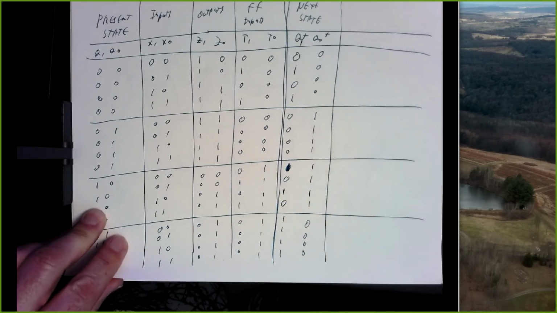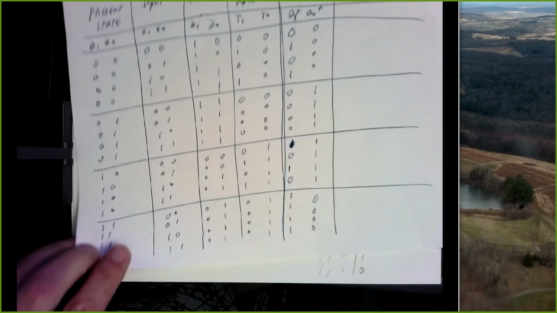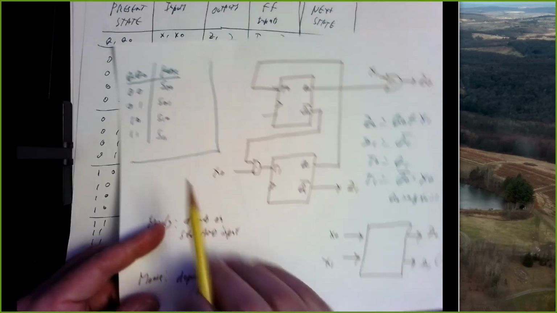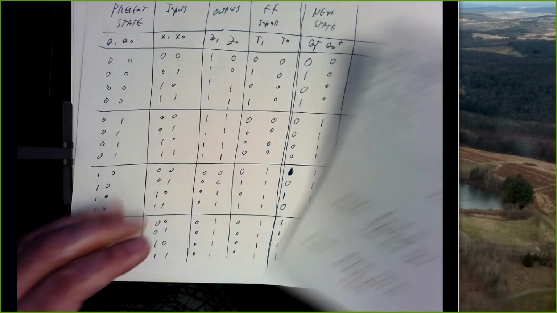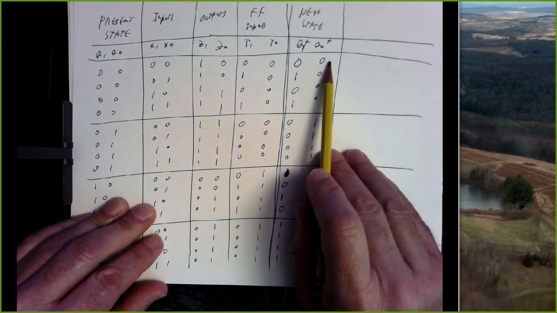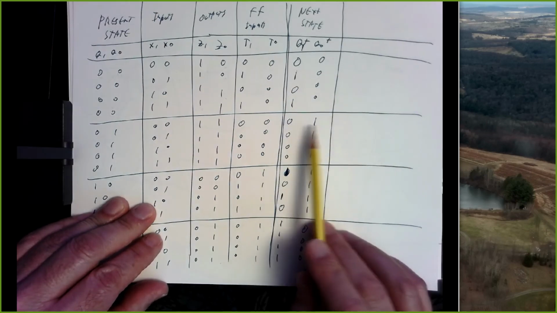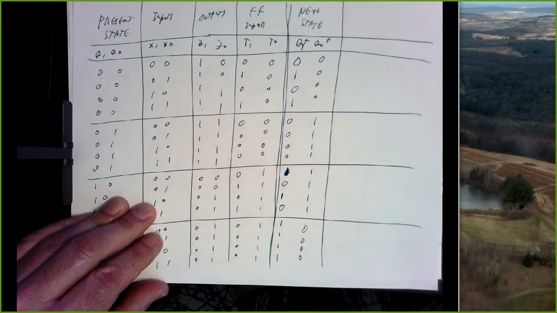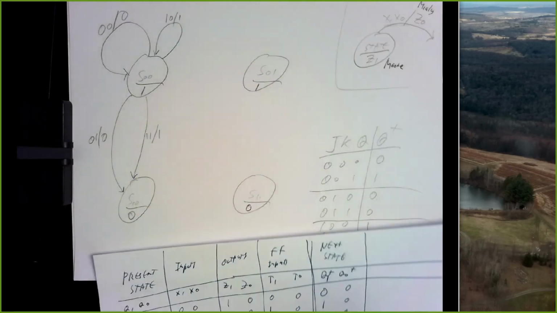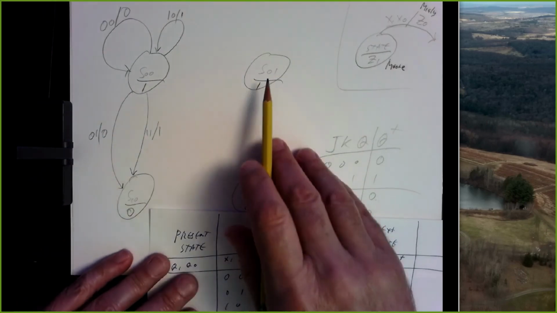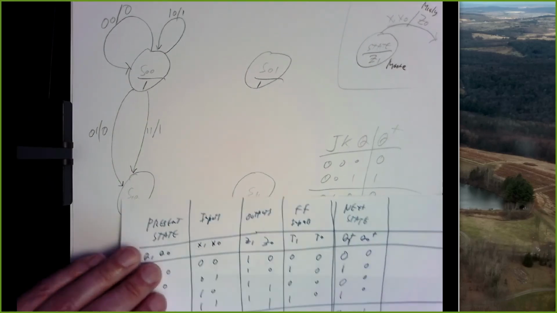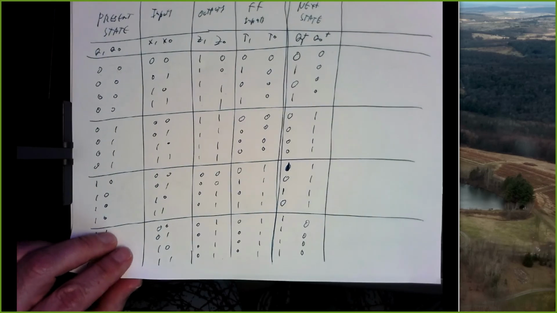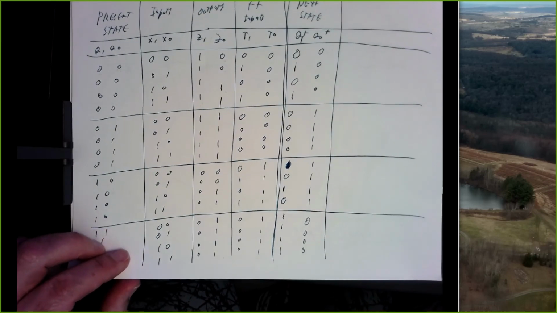Because your state is a combination of the value of Q1 and the value of Q0. You have 4 possible states. So 0, 0 is a different state from 1, 0, is a different state from 0, 1, is a different state from 1, 1. So we're going to have 4 bubbles here, and we only drew a start of it. But each of these represents a different combination of Q0 and Q1. Okay, cool.